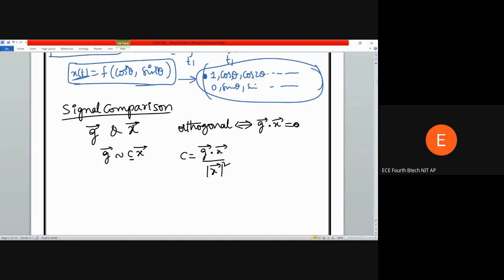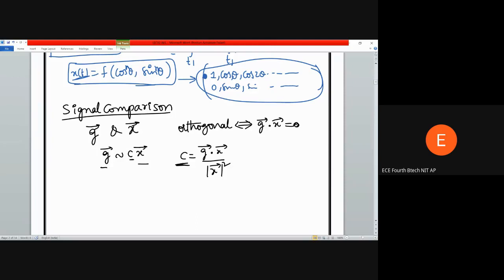Whenever you calculate the similarity of these two vectors, it depends upon the value of c. If c is equal to 0, they are orthogonal in nature. If c is large, meaning there is a large component of g bar along x bar, then the vector g bar is similar to x bar.